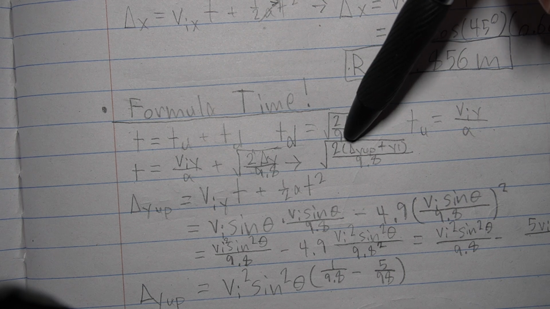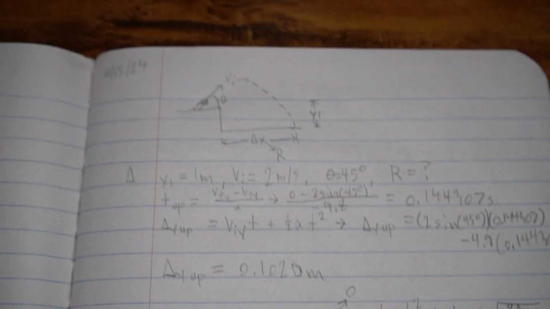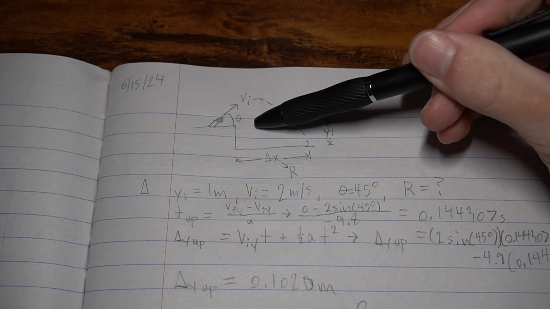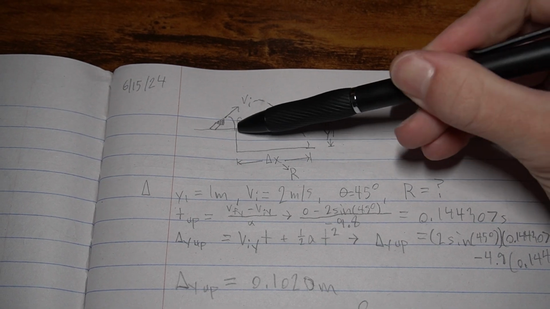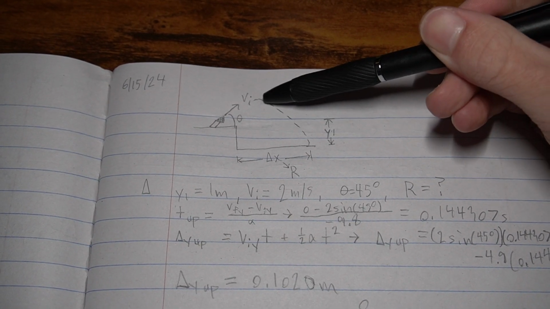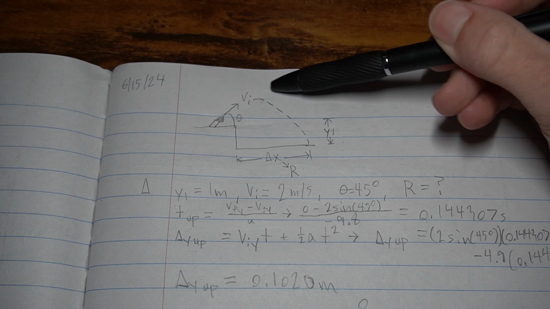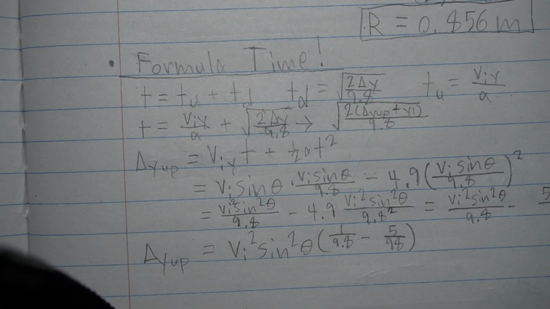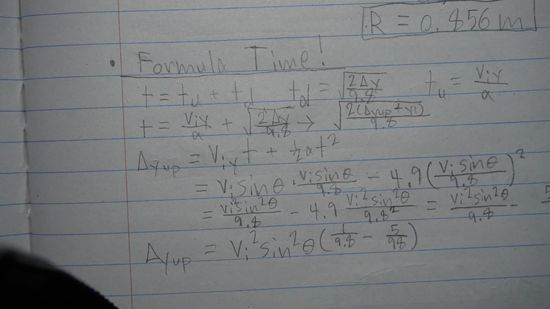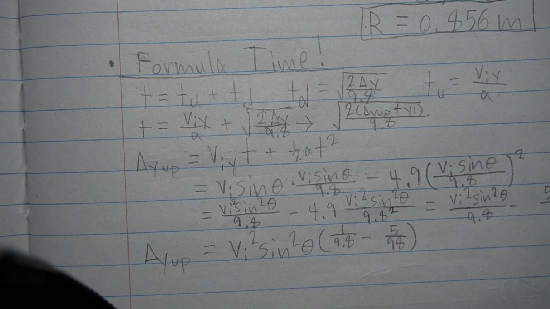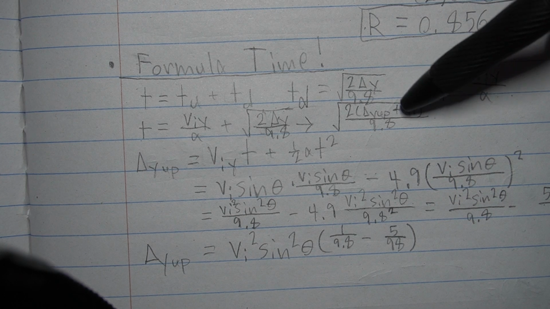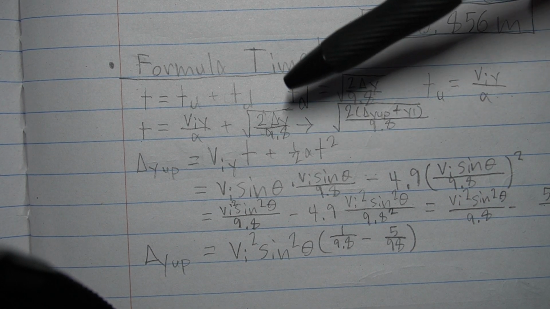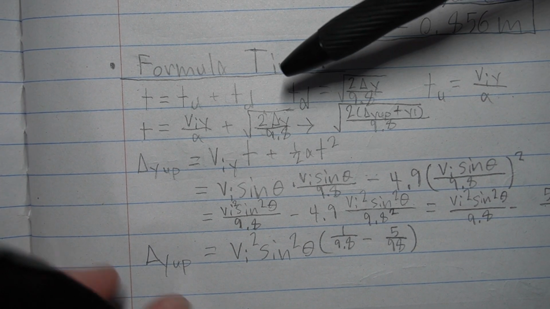So remember the delta y up was the change in y from the ground level that the dart's being shot to the highest point in the parabolic arc that it takes. And then I worked symbolically to create the formula.